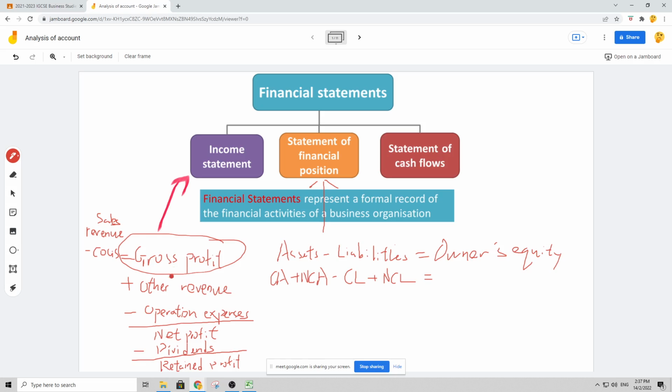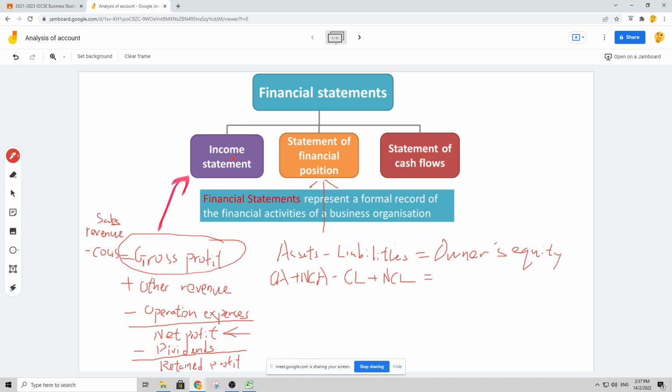When you look at this equation here, gross profit is just the first part of the equation when you're trying to find your profit, and you still have to think about other revenue that you may have in your business, and then there will be some other operation expenses that occur every month, every day in your business. So at the end of the day, you will find out net profit, which is how much your business earns as profit.